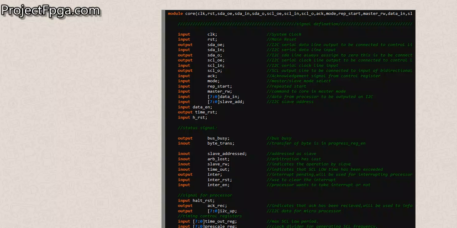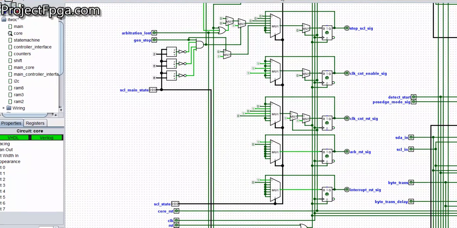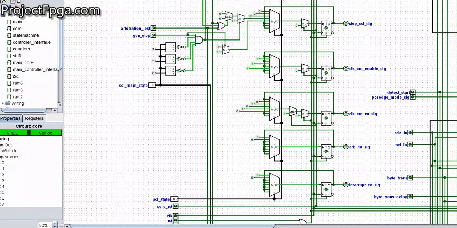So in this tutorial I'll be using the LOGISM circuit to talk about the core. Remember, last time we talked about the two state machines, the SCL main state, which is this one, and the SCL state.